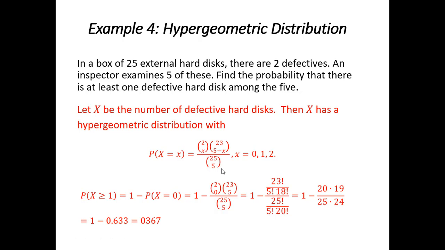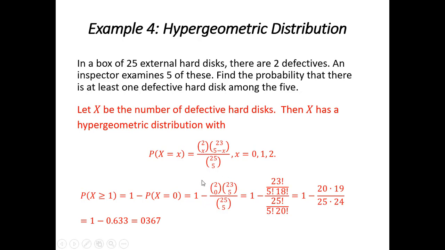Okay, so we can work this out. Now we want the probability x is greater than or equal to 1. So we're looking at 1 minus the probability x is equal to 0. We could figure out the probability x is equal to 0 using this formula up here with x equals 0. So you could see we could work this out.